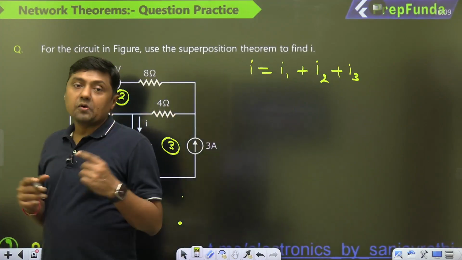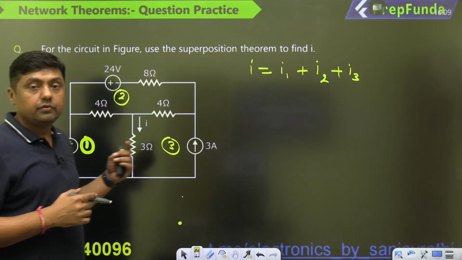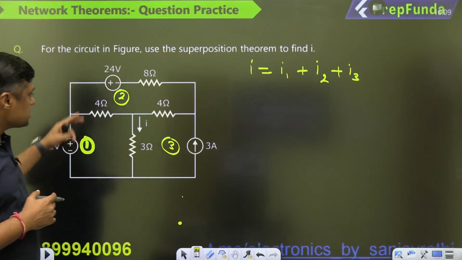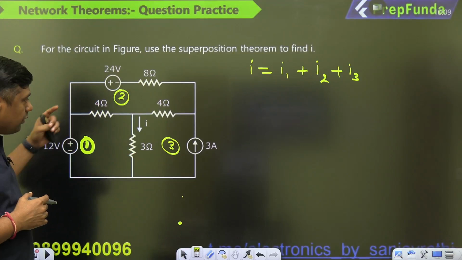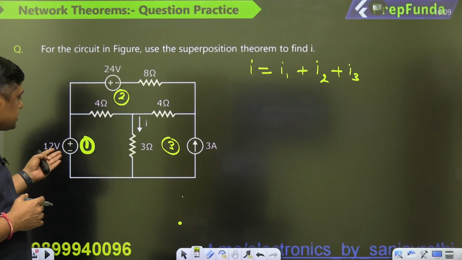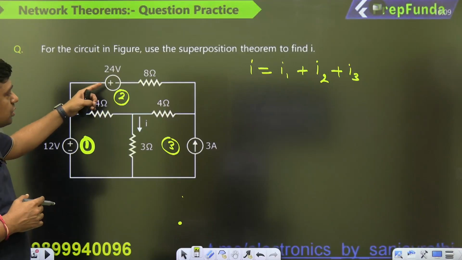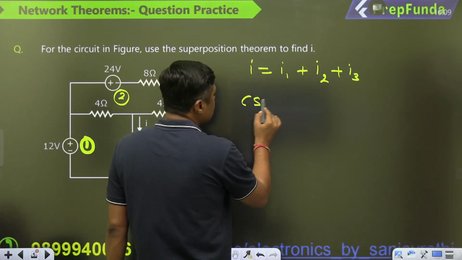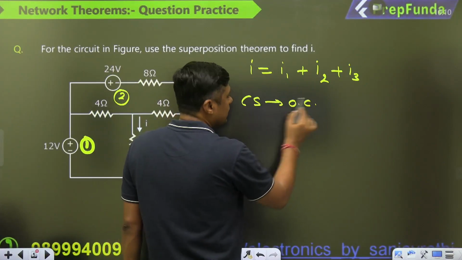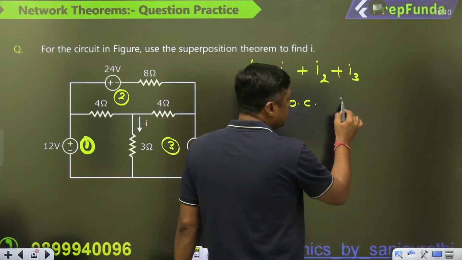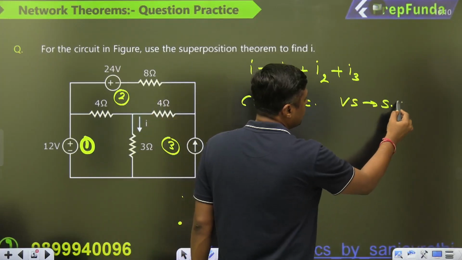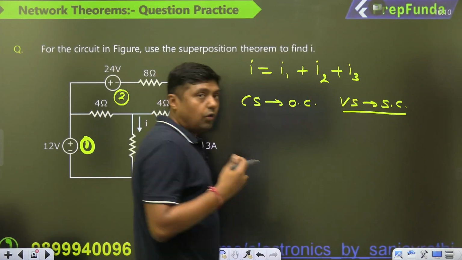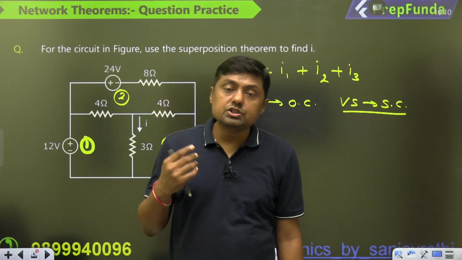When we consider them one by one, for example, if you are going to consider the 12 volt, then make the 24 volt 0 and the 3 ampere 0. How can we make them 0? Current source open circuit, voltage source short circuit. So one by one you have to solve this question 3 times.